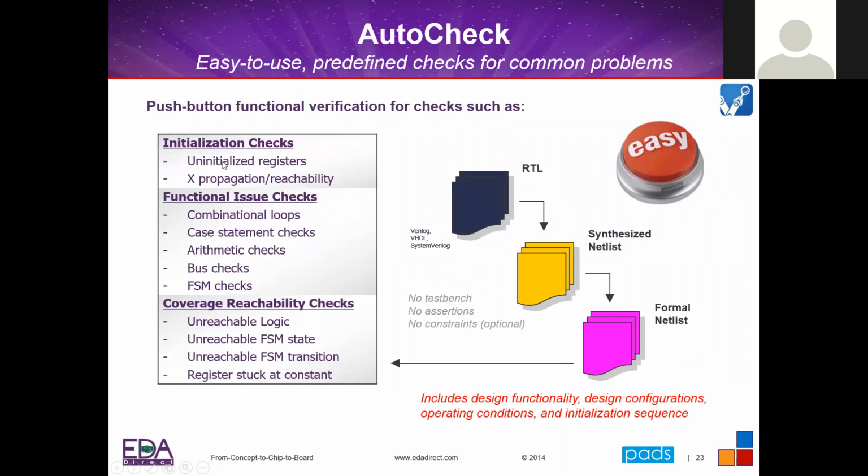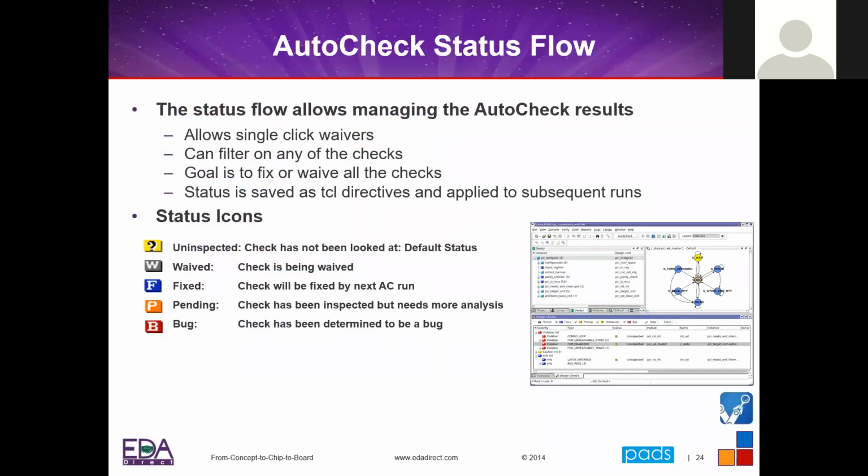There's some X checks, uninitialized registers, unreachable logic, and state machine checks. The things that are nice are arithmetic checks. So it'll let you know if it's possible to overflow the 32-bit bus that you've set up, or to do divide by zeros. It'll do bus connectivity checks, things like that.